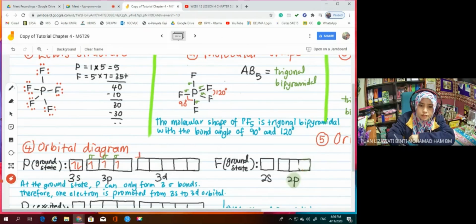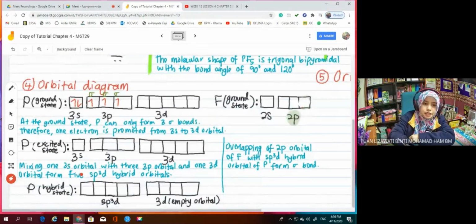Notice here, even though the 3d orbital is empty at the ground state, you have to draw it. Why? In order to explain that one electron from 3s is promoted to 3d. You can write the explanation like this: phosphorus can form 3 sigma bonds and one electron has to be promoted from 3s to 3d.